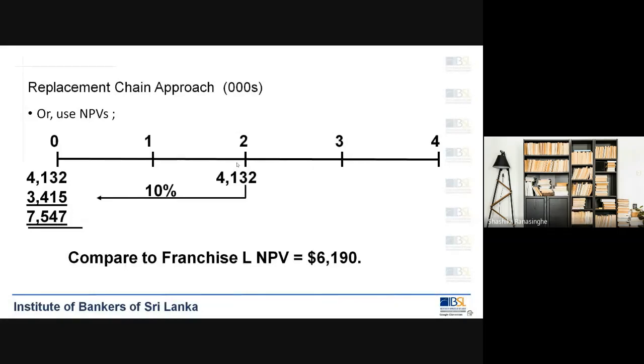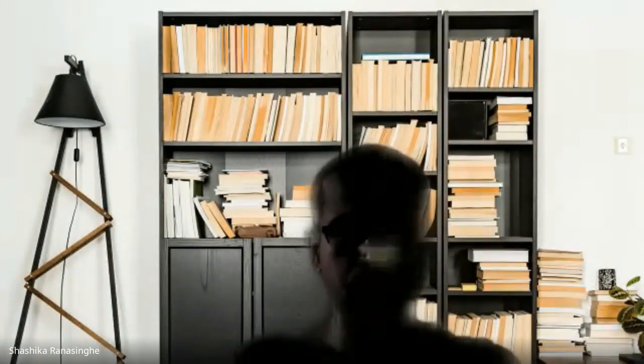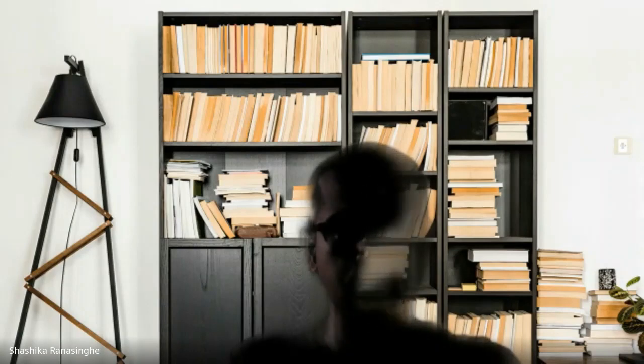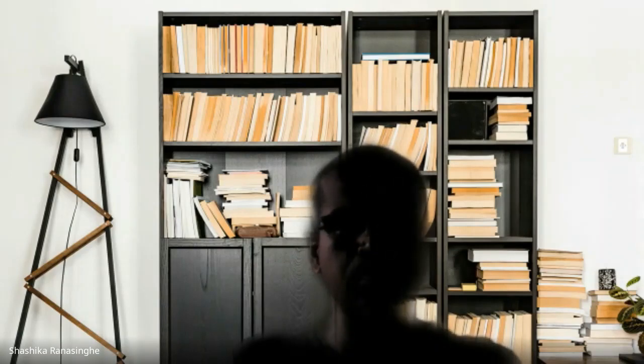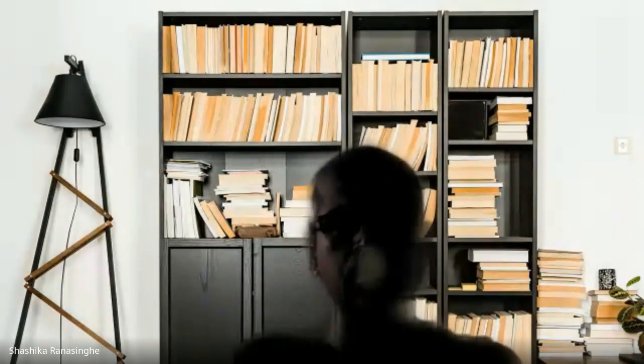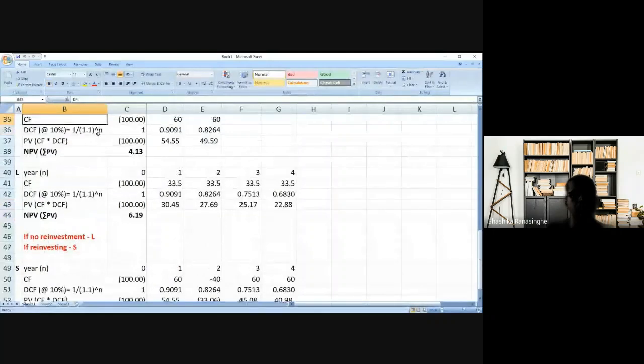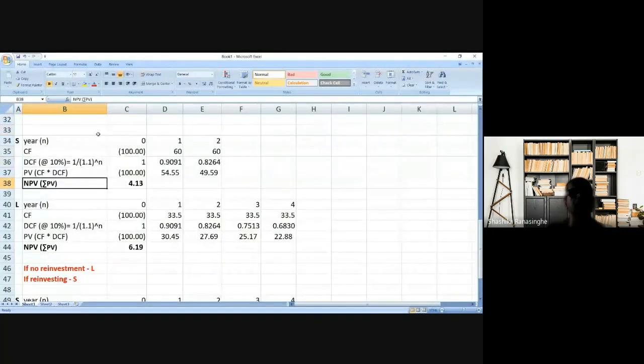Okay, so this is the second way of doing it. Now, we go back to S. If it's a 2-year project, it gives an NPV of 4.13.